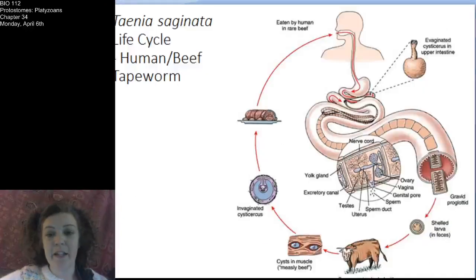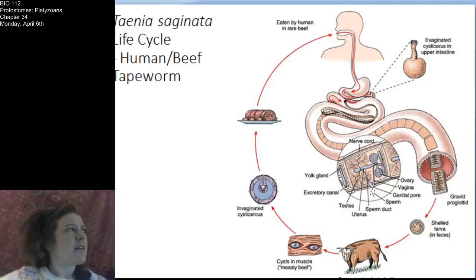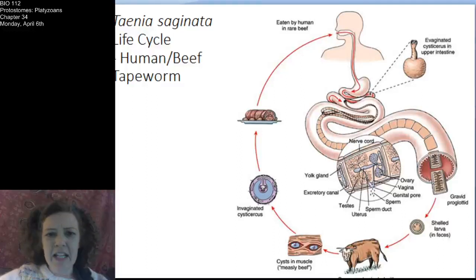All right, so let's talk about a couple of these, and then we'll be done for today. Taenia is a genus of flatworm, a tapeworm that infects humans via the ingestion of rare beef. You might wonder, what if I just didn't eat these animals?